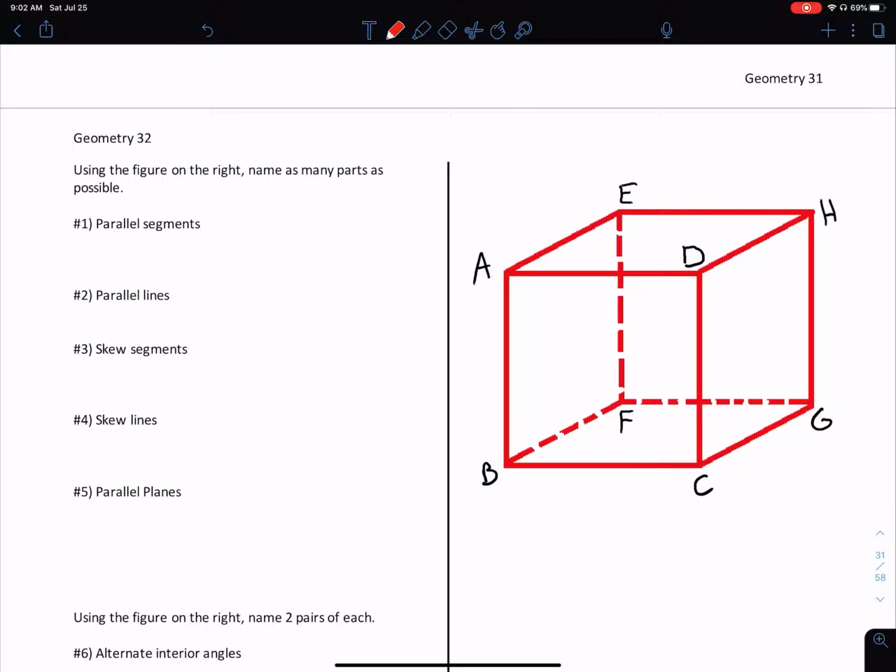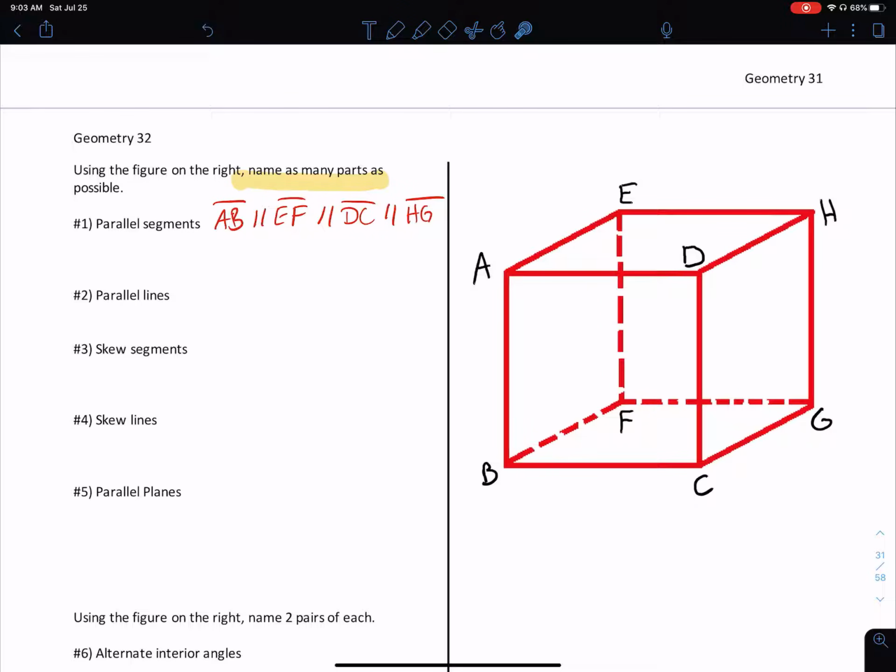Parallel segments. Well, if I start with this vertical segment AB, it's going to be parallel to segment EF, DC, and HG. It says name as many as possible, and we don't have time for that.